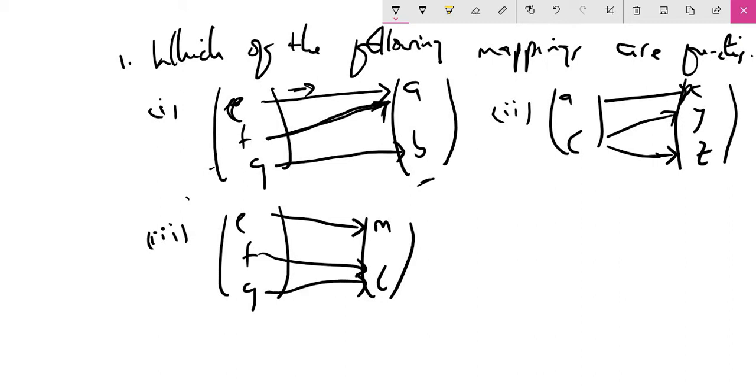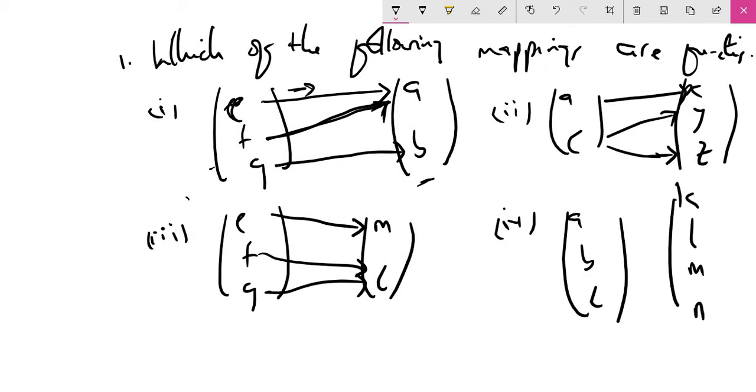Okay, and then IV, we have A, B, C and K, L, M, N. Right, so this goes there, that goes there, and this goes here. So L has nothing.